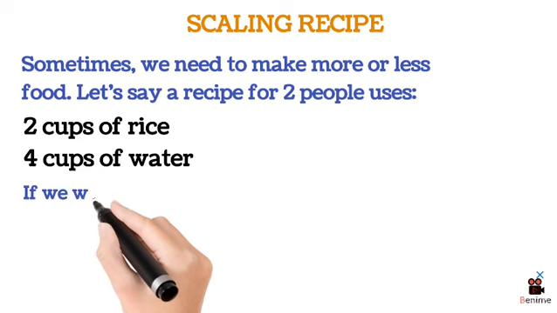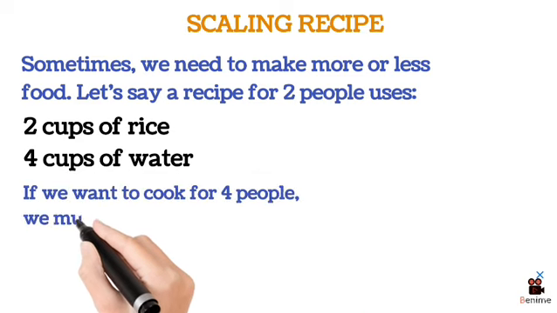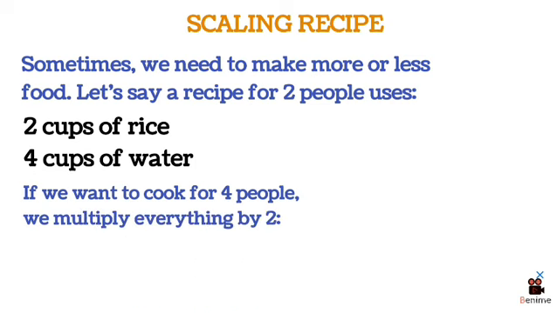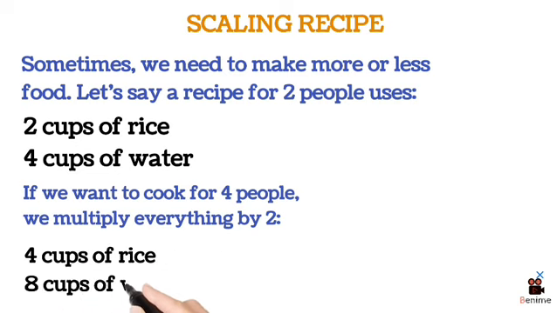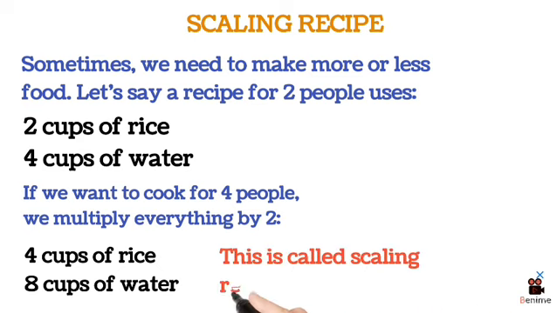If we want to cook food for 4 people, we multiply everything by 2. You see that? Because 2 times 2 makes 4. Now 4 cups of rice, then 8 cups of water. That is it, scaling the recipe. This is called scaling recipe. You know that already. You scale it from 2 to 4.